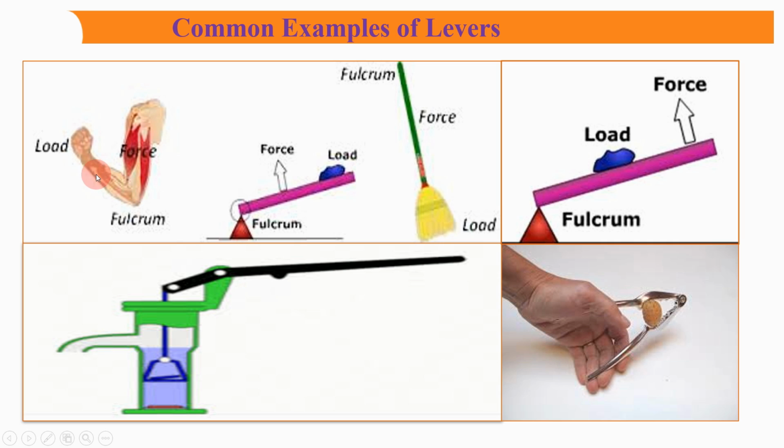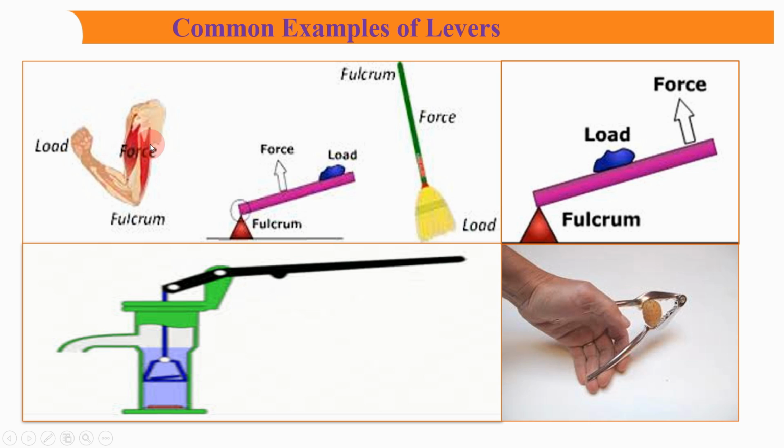So we need to lift this load. For that, your elbow acts as the fulcrum, the fixed point about which your forearm is going to turn. And this is the force, by which we are going to apply the effort to lift this load.